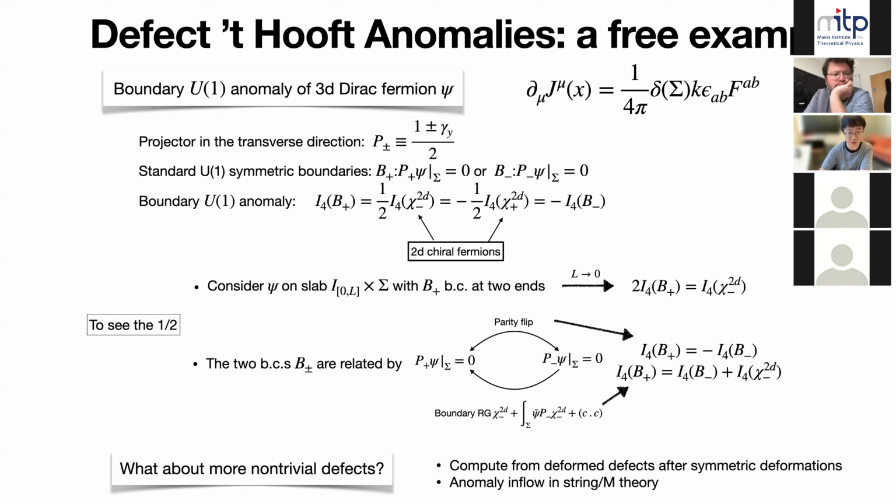You can compute such anomalies by turning on a deformation in the bulk, changing the theory to some weakly coupled phase where you can compute such anomalies. Because of the robustness of the anomalies, this gives you a prediction also at the strongly coupled phase. Another way to compute such anomalies is to use string theory or M theory to study anomaly inflow. We'll see examples of this in applications.